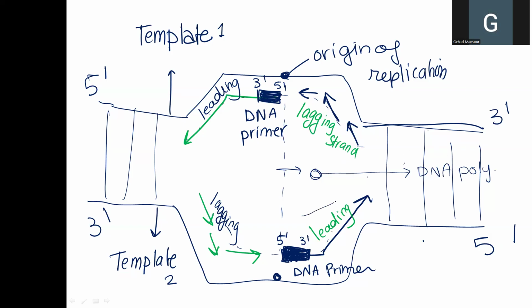Why do it on one side and then turn and do it on the other side in the form of a lagging strand? This is again because the DNA polymerase should build the new strand in the direction 5' to 3'. If it tries to build the two strands at the same time, then the first strand would be accurately built in the direction 5' to 3', but the second one would be built in the direction 3' to 5'.